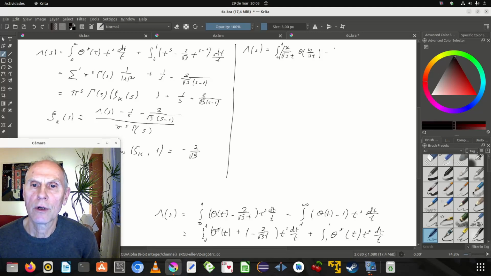Minus, and the other integral from 1 to infinity.